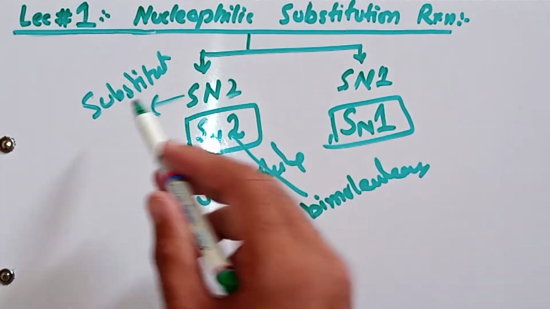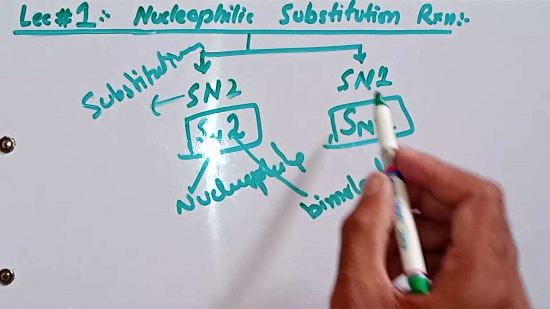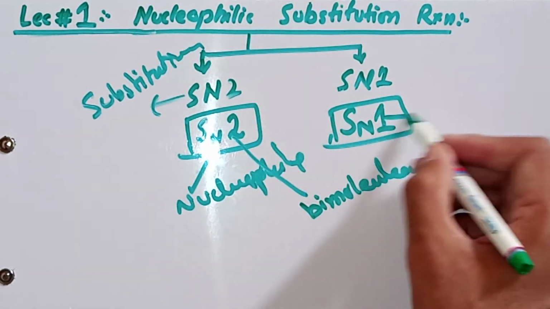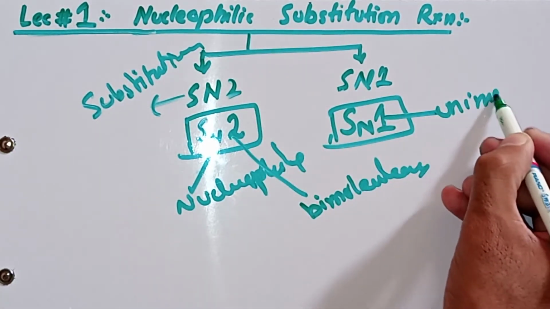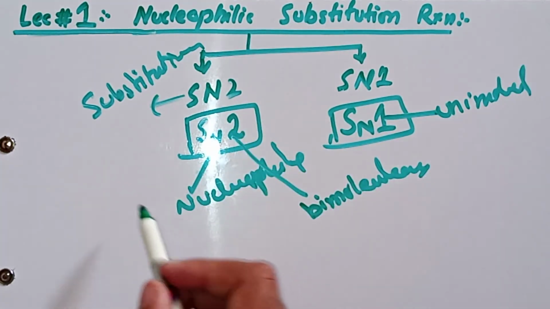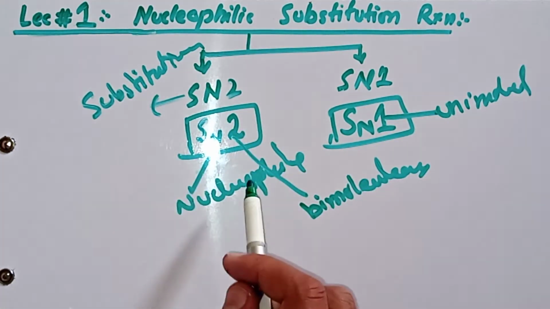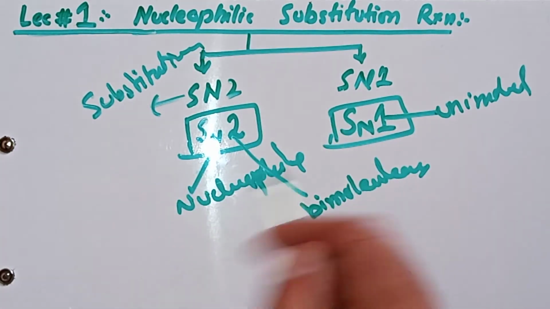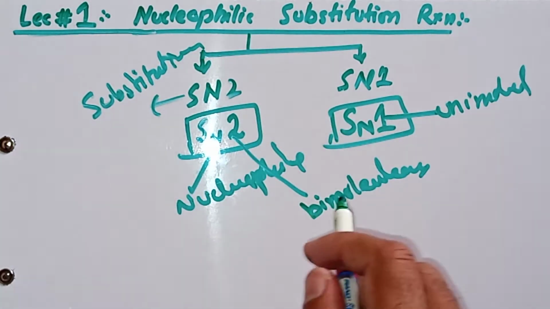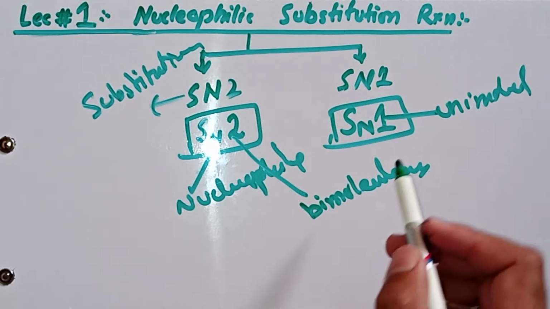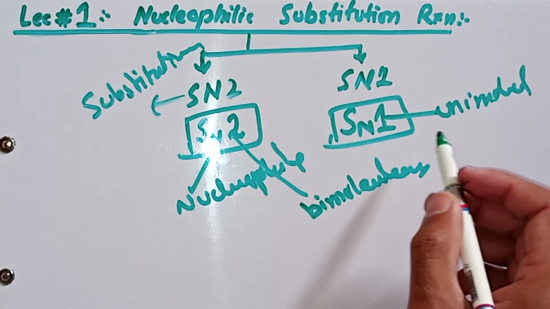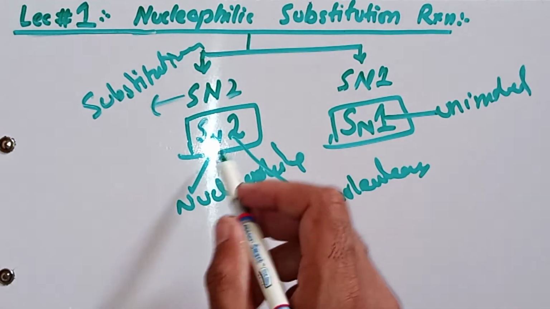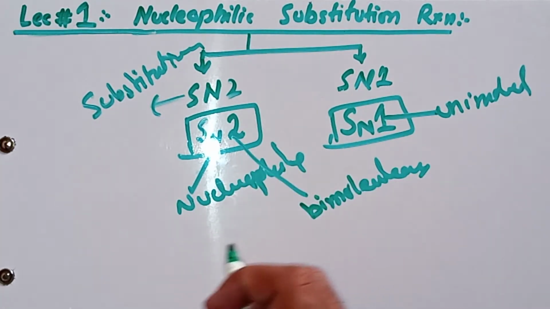Here S is used for substitution, N for nucleophilic, and 1 for unimolecular. So SN1 is called unimolecular nucleophilic substitution reaction, while SN2 is called bimolecular nucleophilic substitution reaction. So let's start the SN2 reaction.